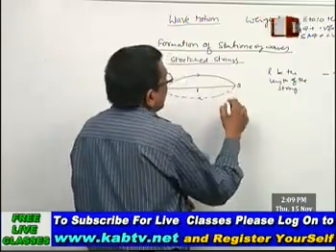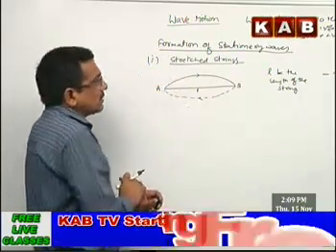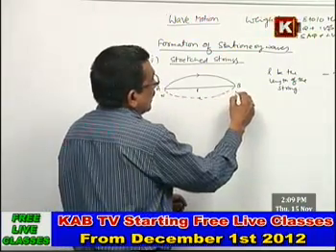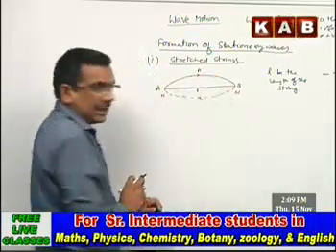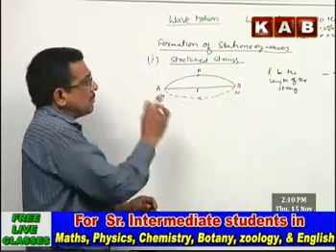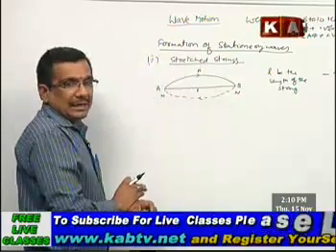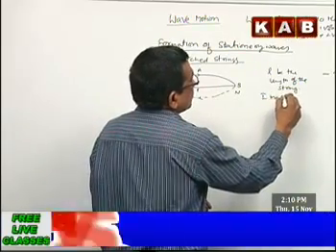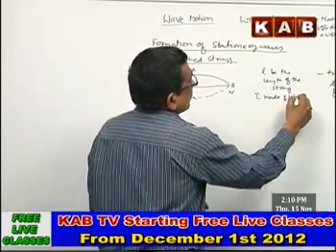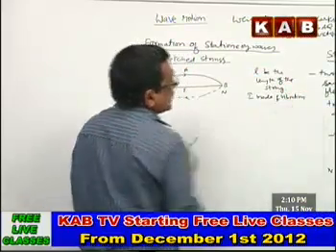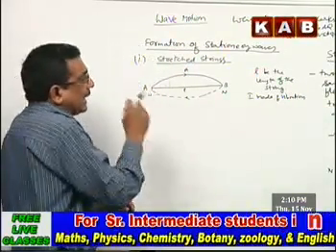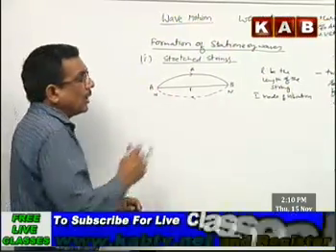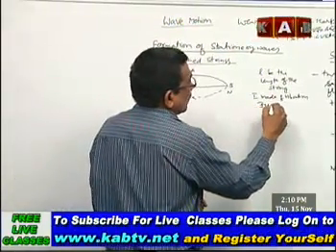If the string vibrates like this, at this end you get a node, at this end a node, and at the center an antinode. These are the minimum number of nodes and antinodes that you can get in a string, and this is called the first mode of vibration. The frequency of the string vibrating in this mode is called the fundamental frequency.